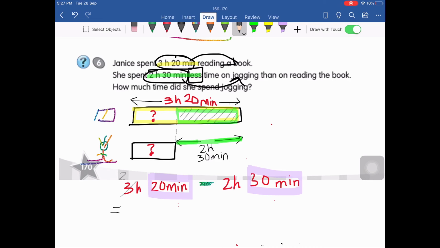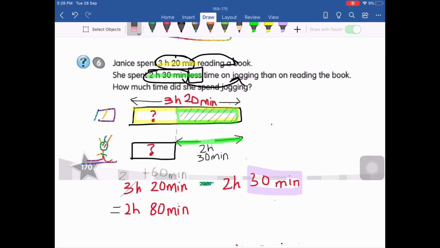So it becomes 2 hours. 1 hour into minutes, so 1 hour is 60 minutes. So that will leave us with 2 hours and 80 minutes. So 3 hours and 20 minutes is the same as 2 hours and 80 minutes.